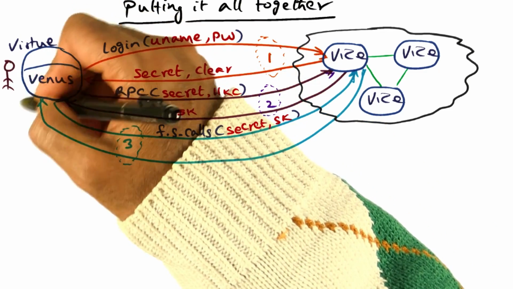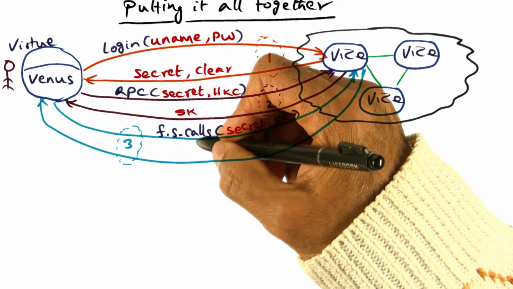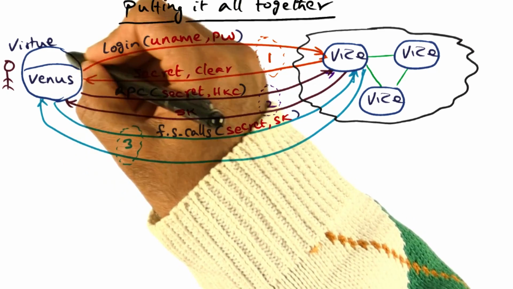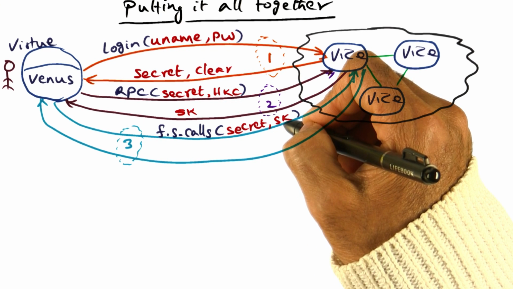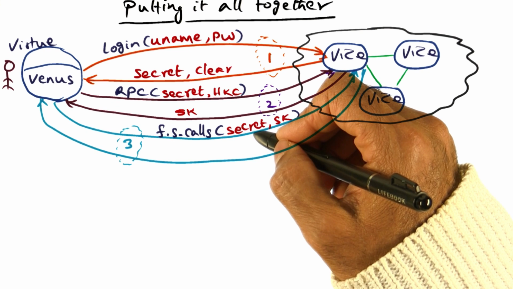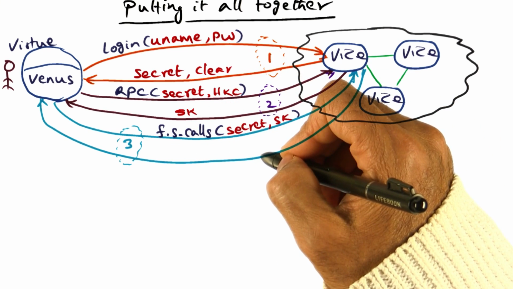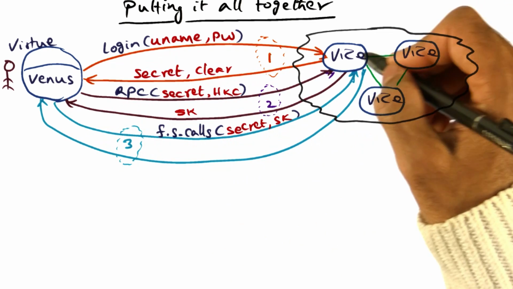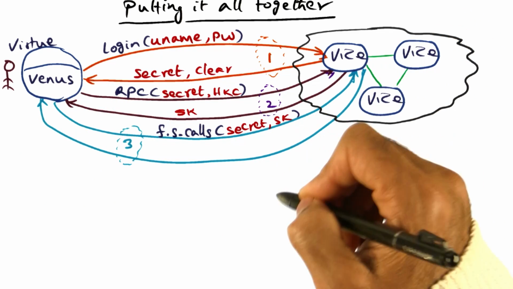Subsequently, anytime the user opens a file or closes a file or writes to a file, all those file system calls that require Venus to communicate with Vice are going to be sent as secure RPC, using the secret token as the client ID and SK, the session key, as the private key for encrypting the message that it wants to send to Vice. And similarly, Vice is going to send back responses using the session key.